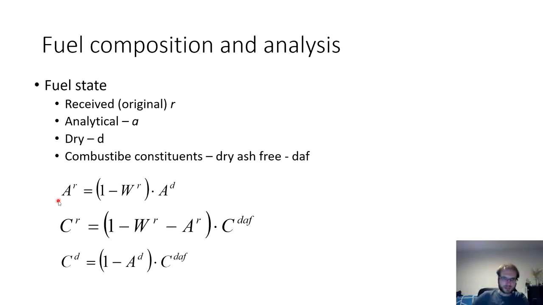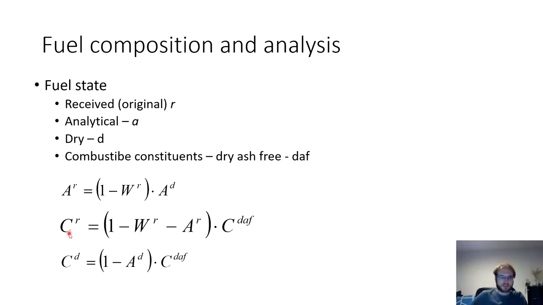So here we have some simple formulas for how to calculate one form from another. For example, ash in the received state is ash in the dry form multiplied by 1 minus the water in the received state.